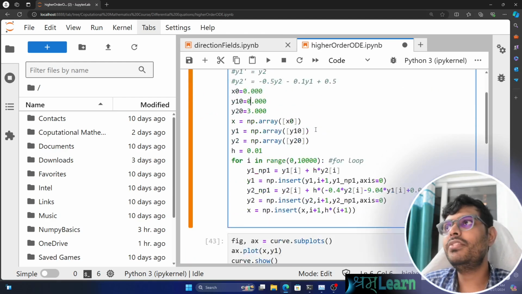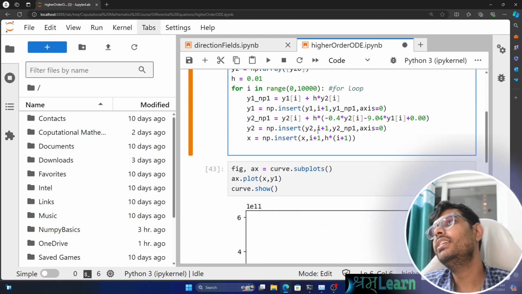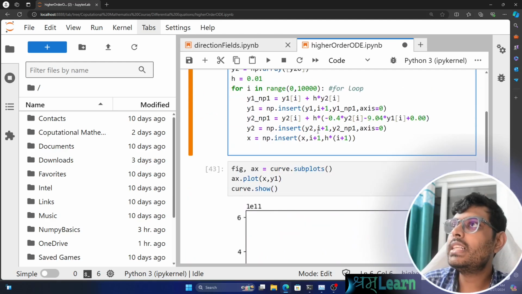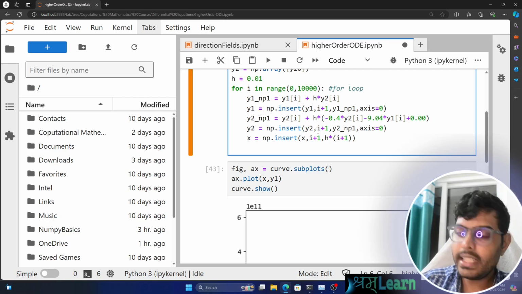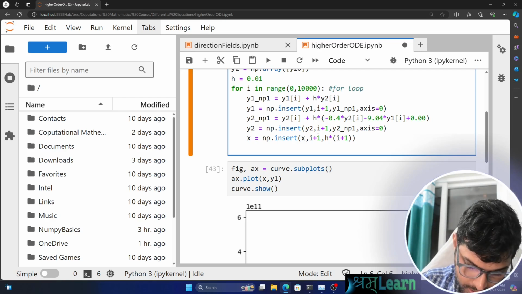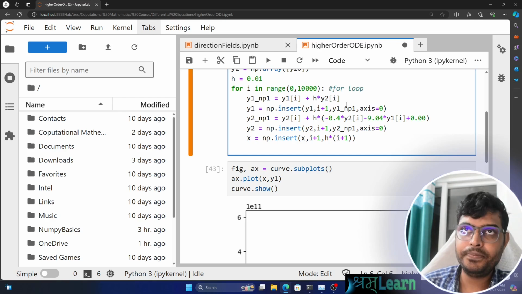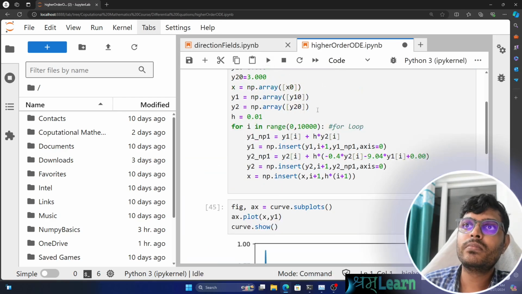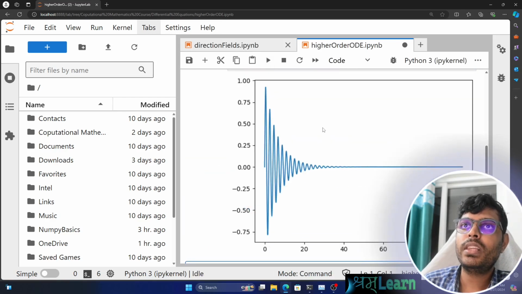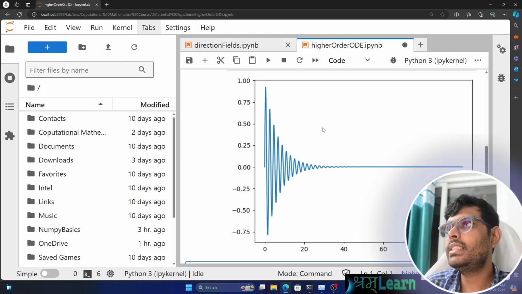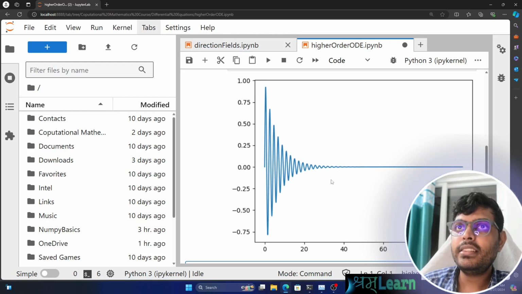So if the solution is correct, the algorithm is correct, then I should have a function which oscillates, starts from 0, ends at 0 at x is equals to near about 20. Right? Okay, so it is oscillating, and does it die down to 0 at about 20?